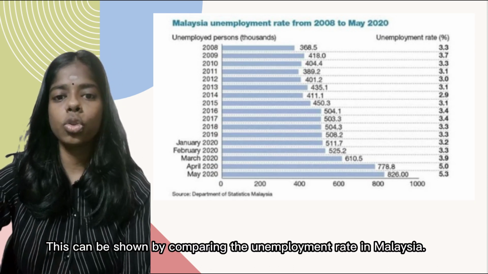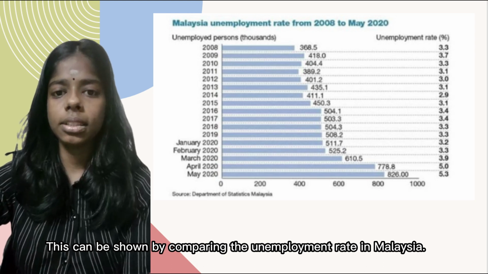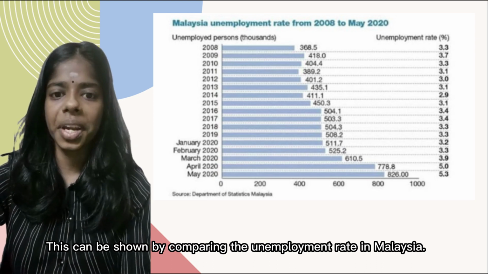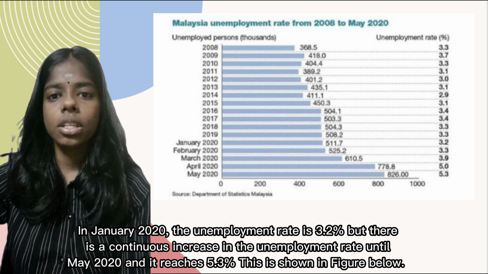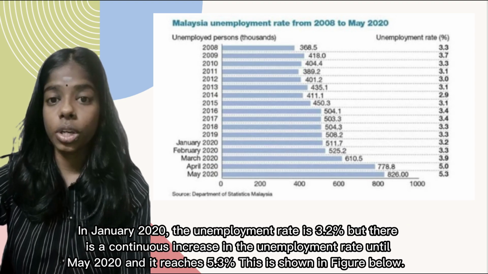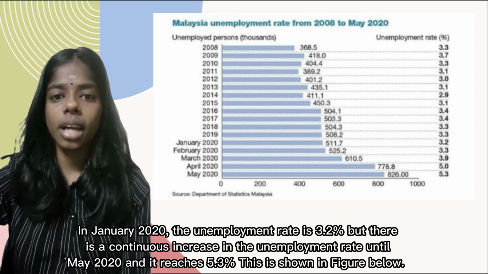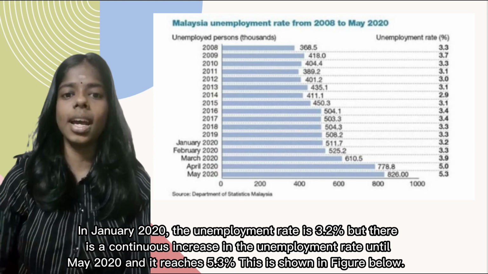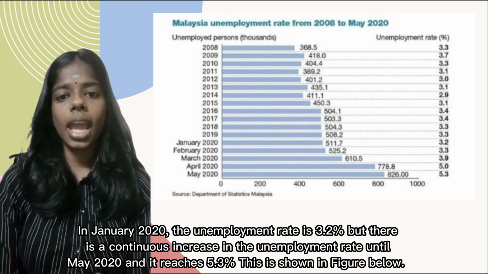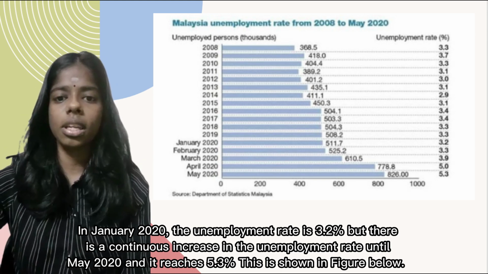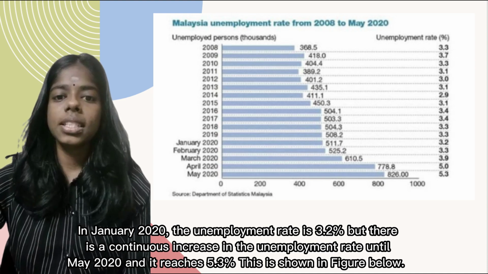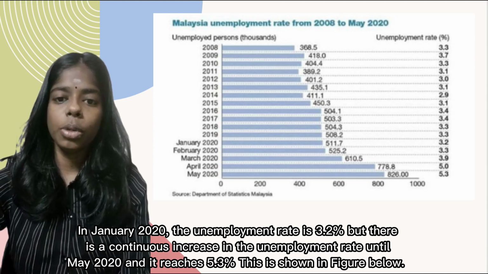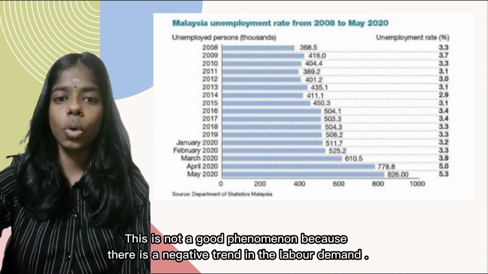This can be shown by comparing the unemployment rate in Malaysia. In January 2020, the unemployment rate is 3.2%, but there is a continuous increase in the unemployment rate until May 2020, and it reaches 5.3%. This is shown in the figure below. This is not a good phenomenon.